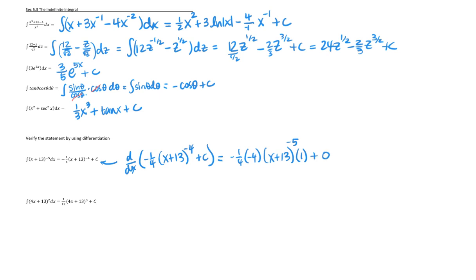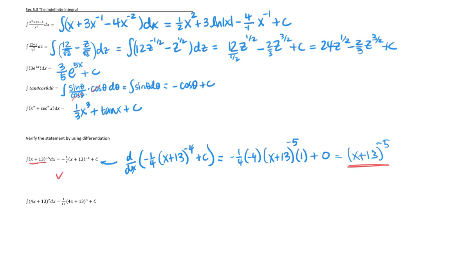And so this becomes the minus 1/4 times 4, and then two negative signs are going to make it positive, so I'm just going to be left with x plus 13 to the negative 5. And that is, in fact, what was inside this integral to begin with. So that means that this statement is true.